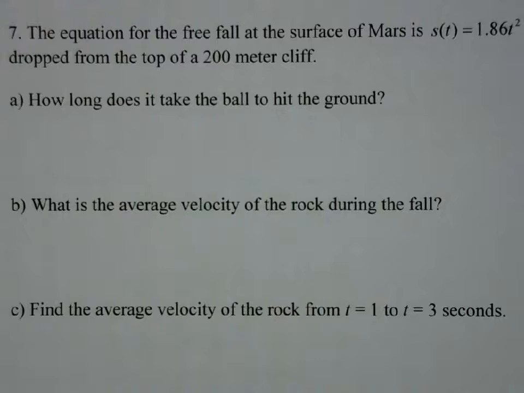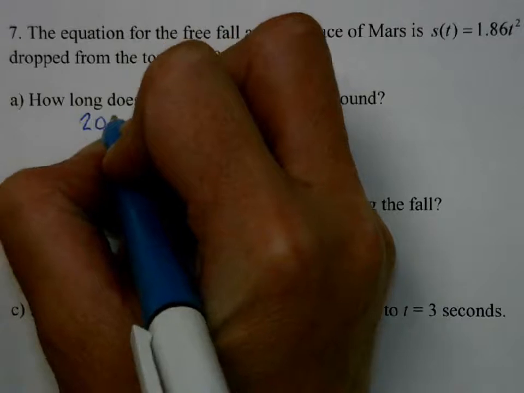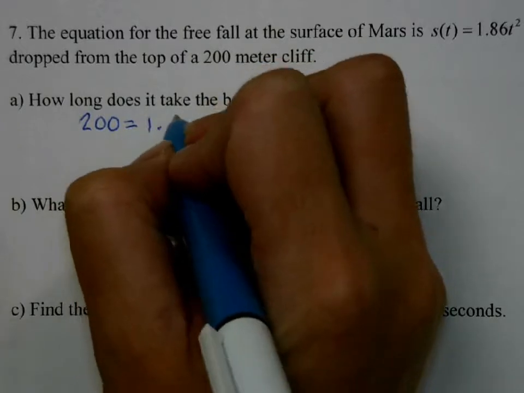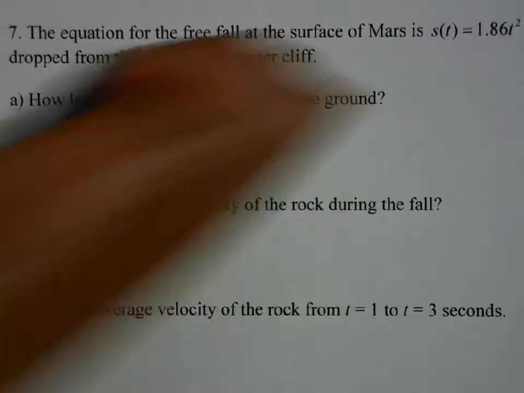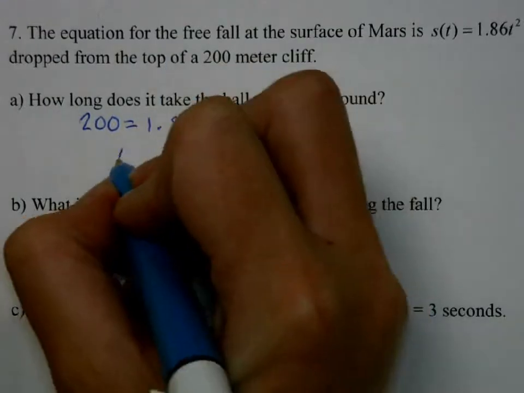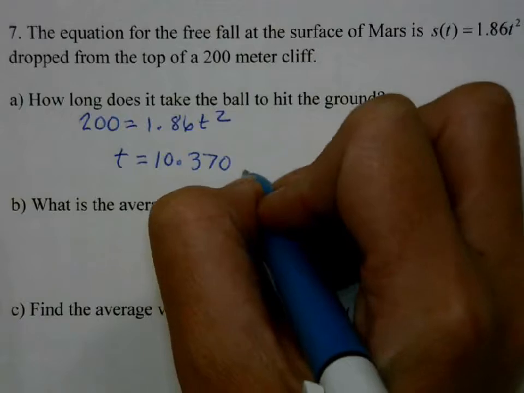Okay, so this is our position, which means we're looking for when does our position equal 200. Okay, if I solve that equation, divide by 1.86 and take the square root, 10.370 seconds. Okay, so that's how long it takes to drop from a 200-meter cliff.